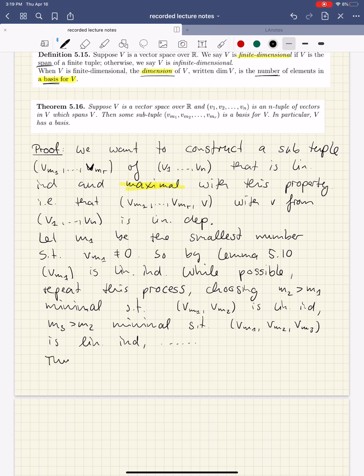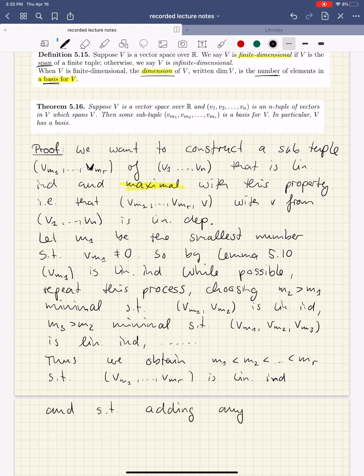So thus, we obtain m1 less than m2, all the way up to some mr, such that Vm1 all the way up to Vmr is linearly independent, and such that adding any vector v from V1 through Vn, it becomes linearly dependent.